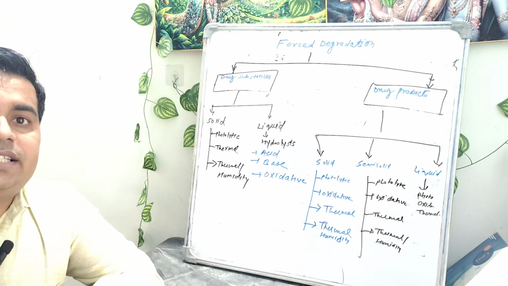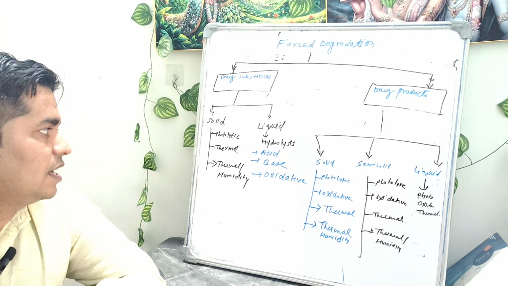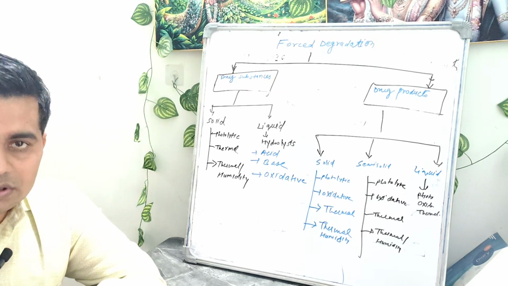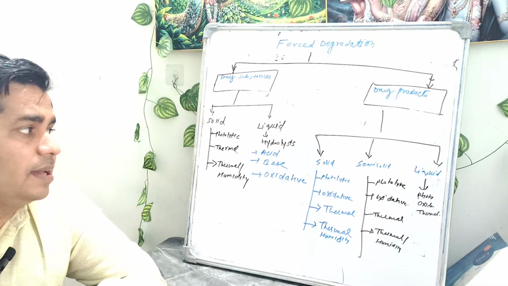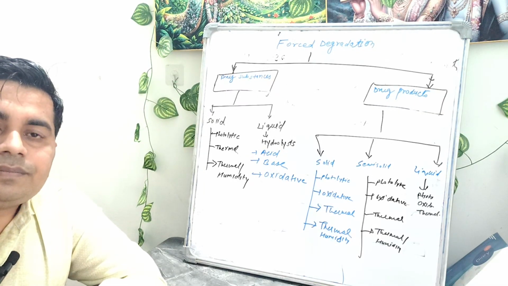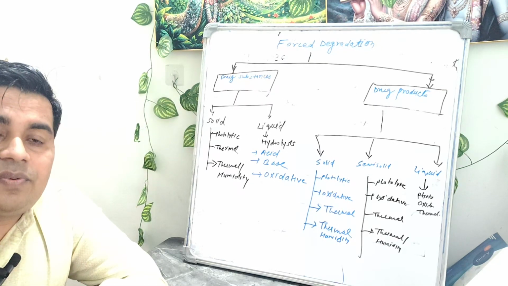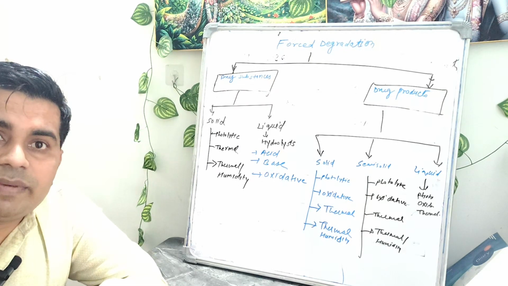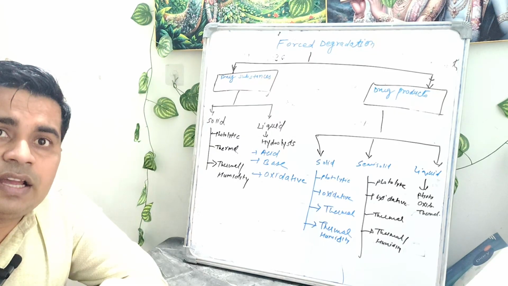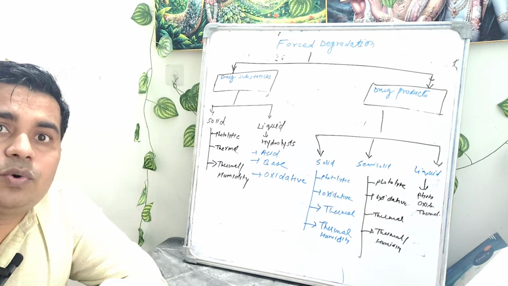What do you mean by acid hydrolysis? Acid hydrolysis we perform in drug substances and drug product both, in different dosage forms as I have suggested, but I am explaining in common form. Acid hydrolysis means from 0.1 normal to 5 normal maximum concentration we can use, where we get the degradation possible between 20 to 30%.